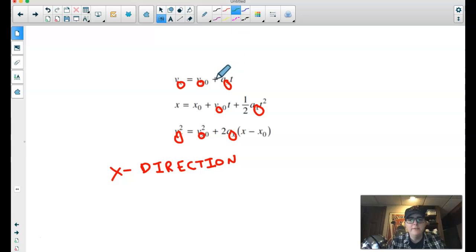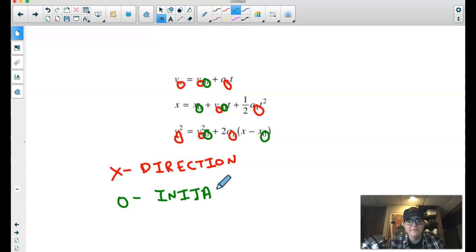And then a few of these have a 0 subscript. That is indicating the time. So there's all my 0 subscripts. And in fact, it's indicating a time of 0, which means it's talking about the initial value.